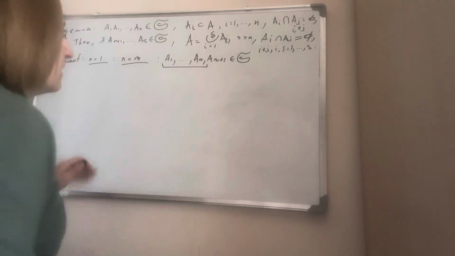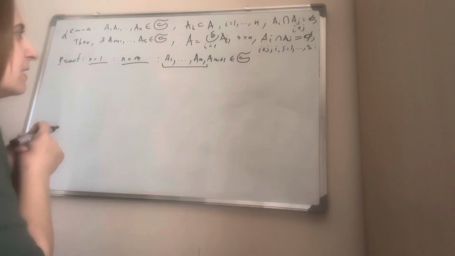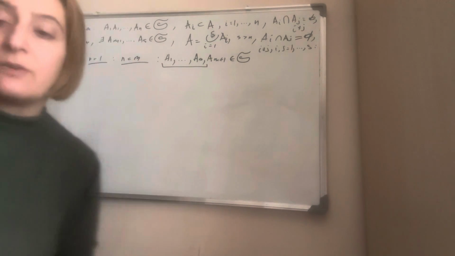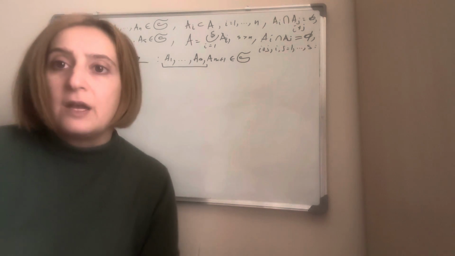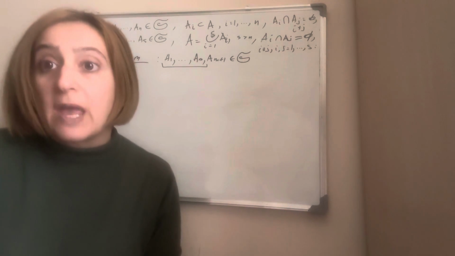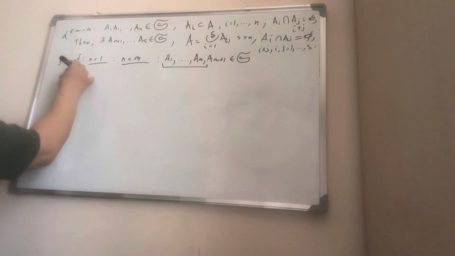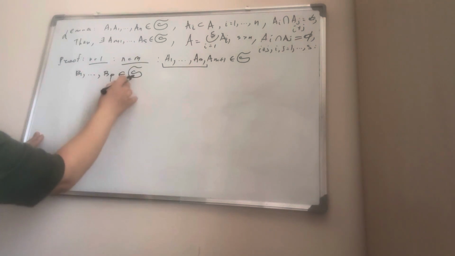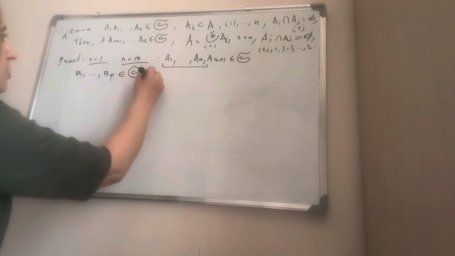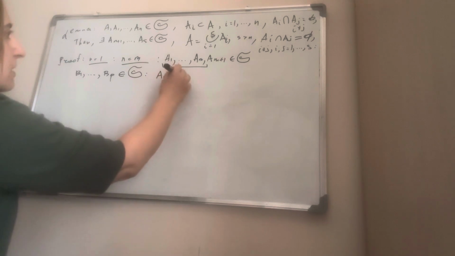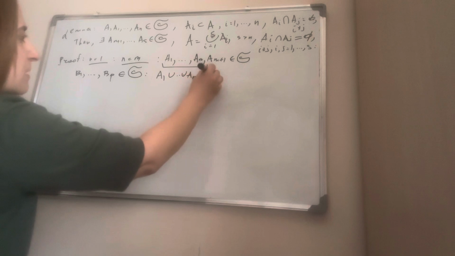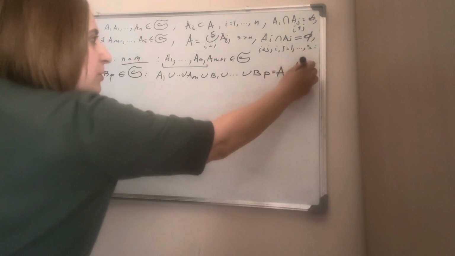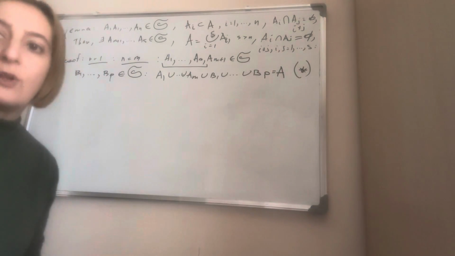Because the inductive hypothesis tells us that the claim is true for m sets, for the sets from A1 to Am, we can find B1, ..., Bp, so that all of them belong to the semiring sigma, and they are such that A1 union ... union Am union B1 union ... union Bp equals A, and we will denote this equation by star.